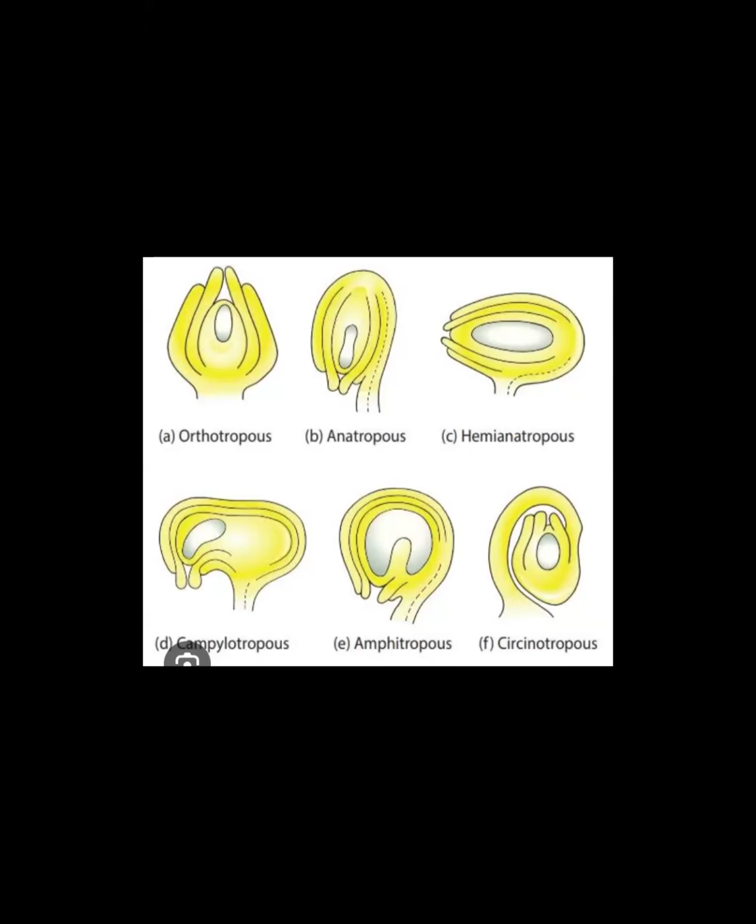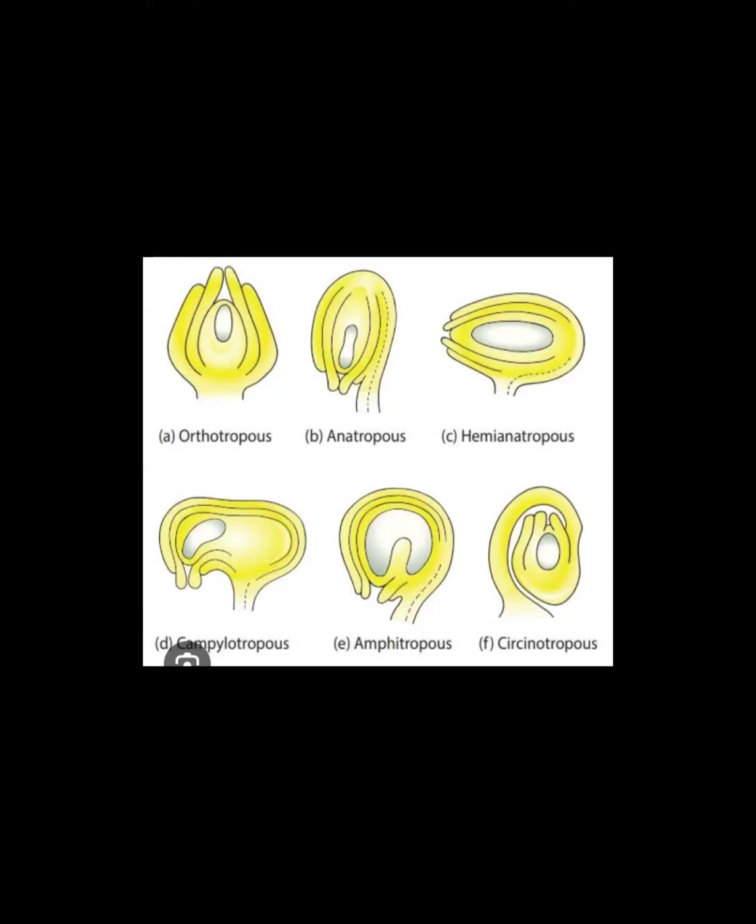As a result, the micropyle comes close to the base of the funicle. The nucellus remains straight, the micropyle and chalaza lie in one line, and the funicle lies parallel to it. That's why it is the most common type in several families of dicotyledons. Examples for this: Helianthus and Tridax.